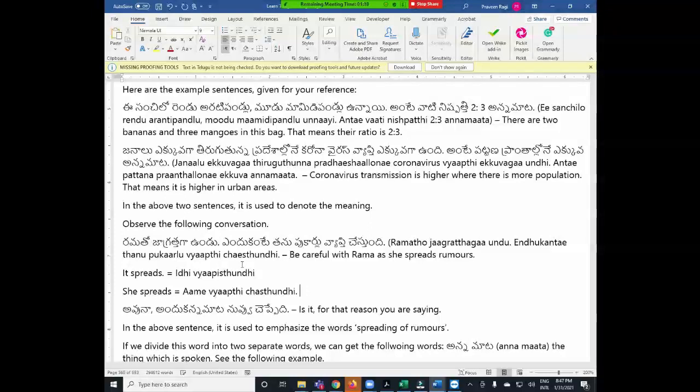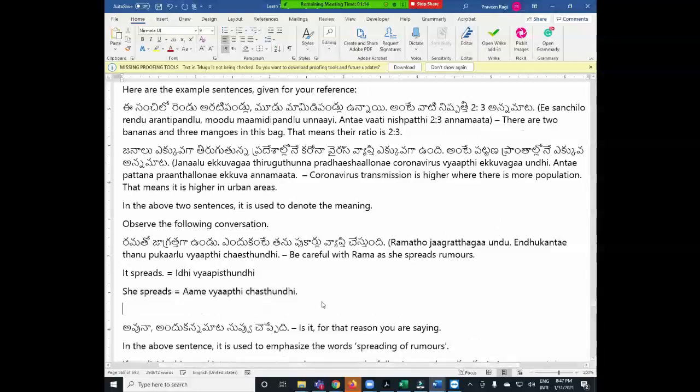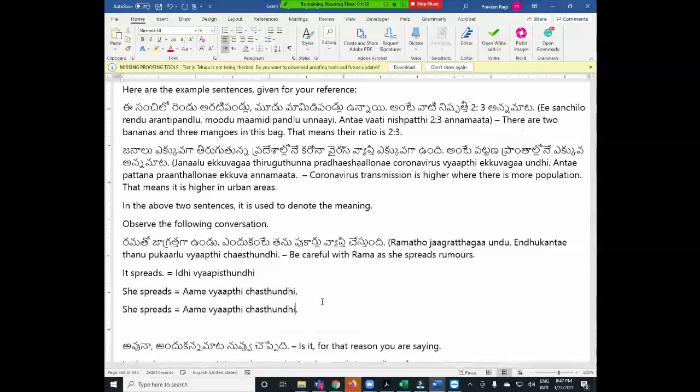So we have a word here, rumors. She spreads rumors means ఆమె, here we need to write the meaning of rumors. పుకార్లు, ఆమె పుకార్లు వ్యాప్తి చేస్తుంది. Okay, now we need to combine these two phrases.